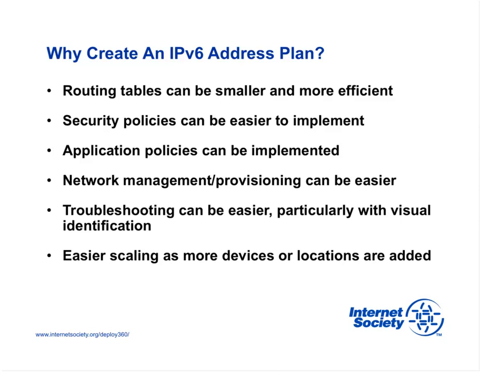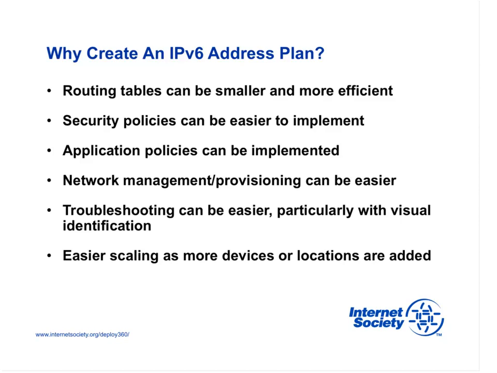Another example along the same line would be if you wanted to prioritize traffic for, say, your voice over IP phones. If you ran IP phones in your network, you might want to have all of those phones join a subnet that could be prioritized from a traffic management point of view. You might like to make sure those packets get through, which is part of that application policy, the provisioning of the network, and the other pieces.